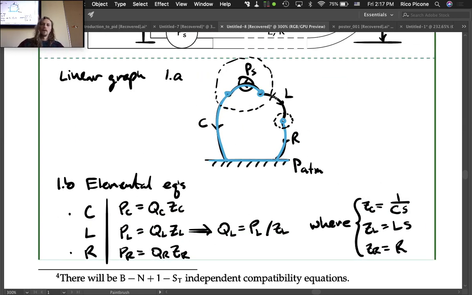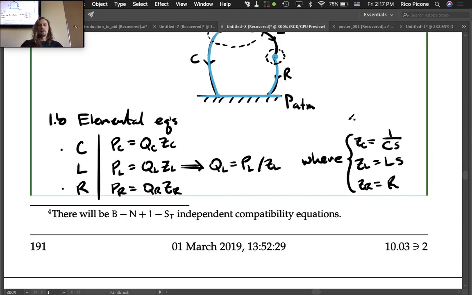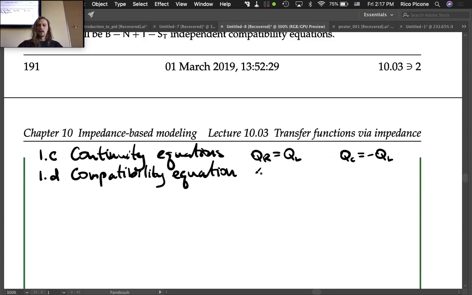L. So we find out that PL is equal to PS plus PC minus PR. So PL, going around the loop from tail to head of L, PL equals PS plus PC minus PR.